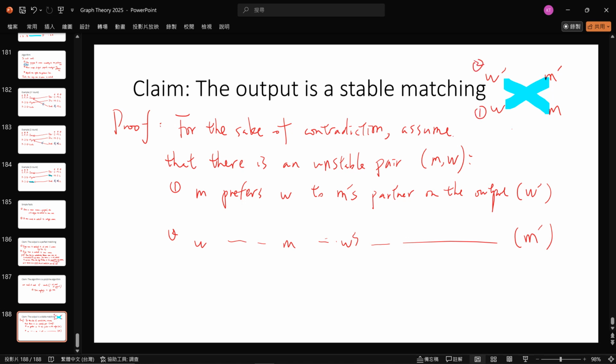These numbers indicate the preference list for M. So for M, W is better than W prime. And for W, M is better than M prime. From the perspective of M, he prefers W over W prime. And from the perspective of W, M is better than M prime. This is because of the unstable pair. Then we try to find the contradiction.